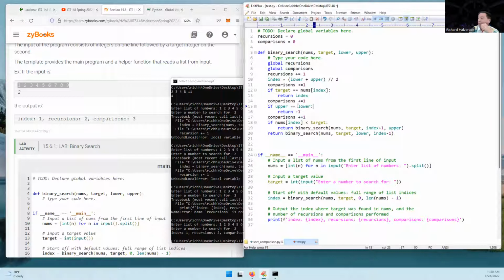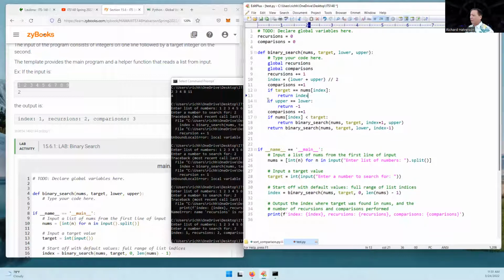All right, so here's how it works. Here's how they get their answer, okay? If target equals that, then return index. elif upper equals lower, then return 1.